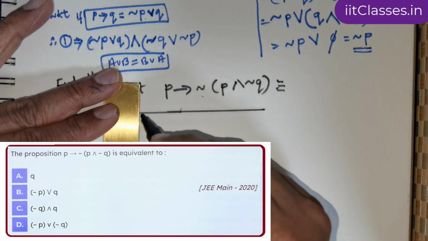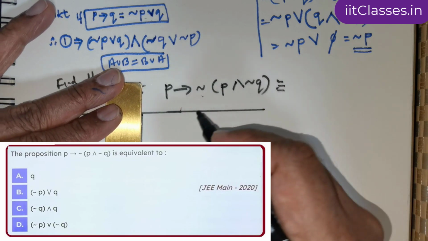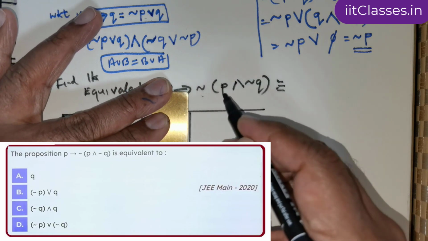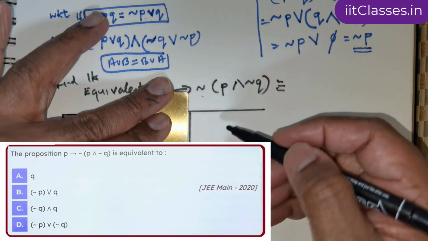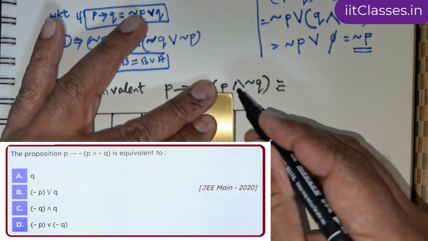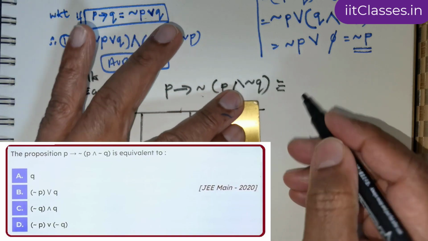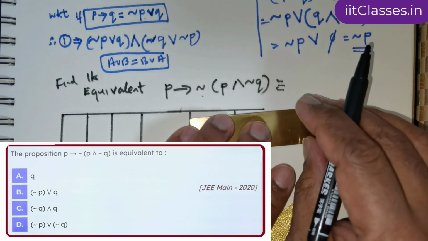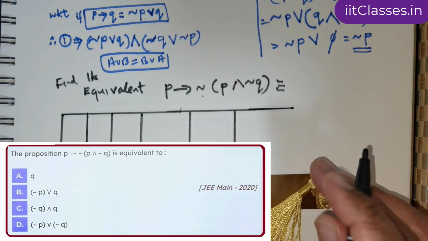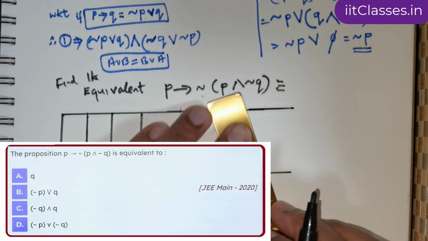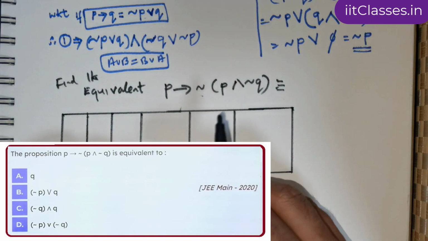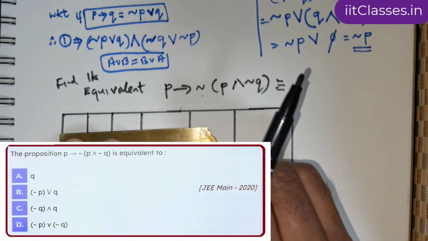In fact, I will have to take the negation of Q first, and then this is going to be P conjunction negation of Q, and then this is going to be negation of this P conjunction negation of Q, and then finally the conclusion.